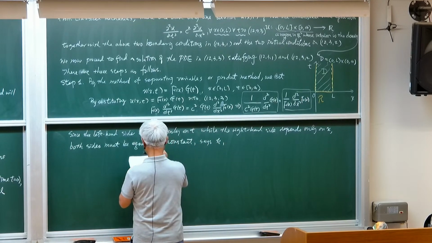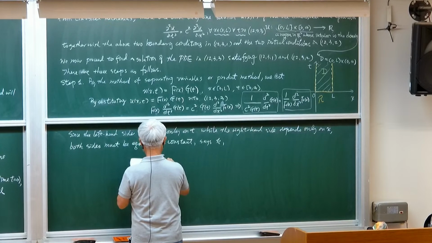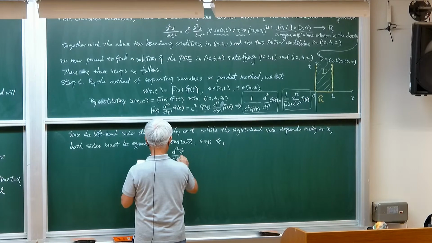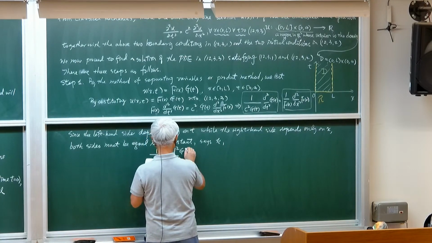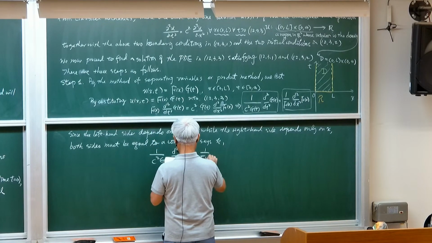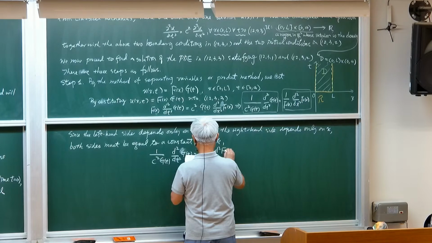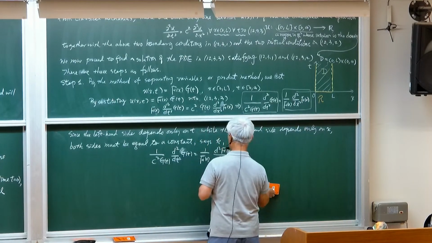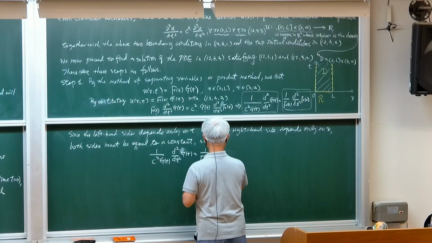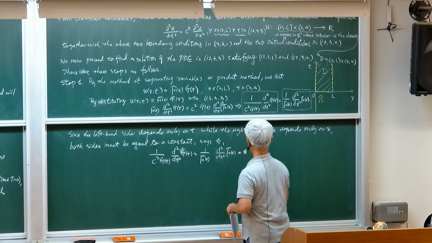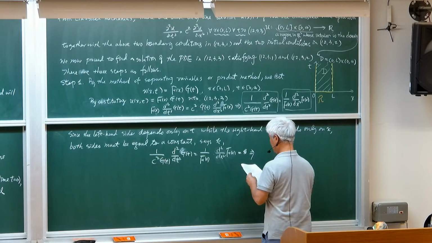So now we have (1 over c squared g of t) d squared g over dt squared equals (1 over f of x) d squared f over dx squared, equal to k. So this yields two ODEs.